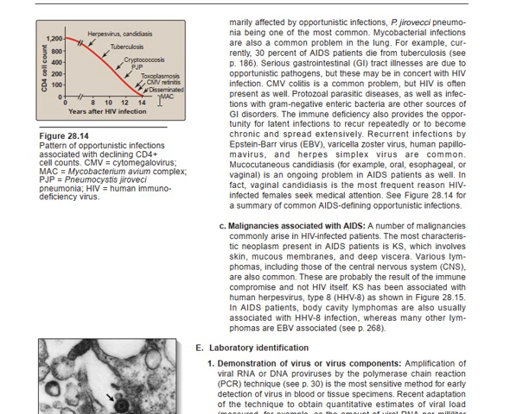Kaposi sarcoma, the major cause is going to be human herpes virus 8. The next one is cervical cancer. So those are the HIV associated carcinomas. We say Kaposi sarcoma is caused by human herpes virus 8.